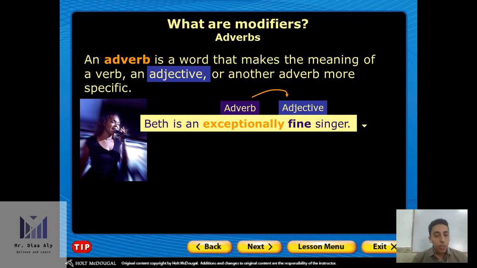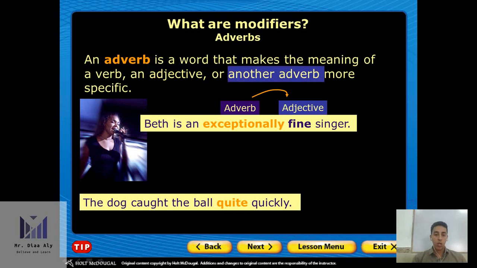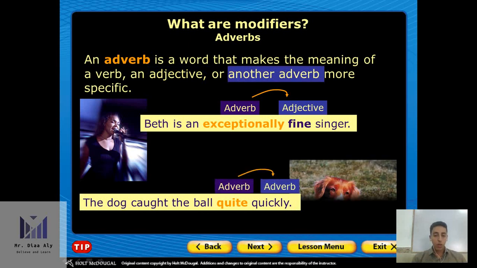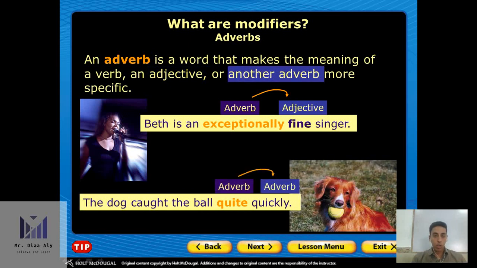It's called adverb, okay? Here, we are talking about the third usage of the adverb. So again, the adverb describes a verb, describes an adjective, or describes another adverb.